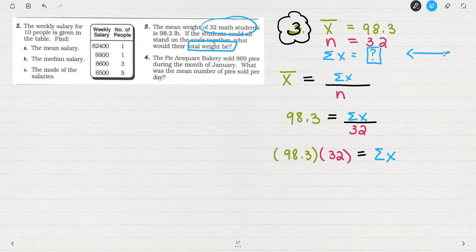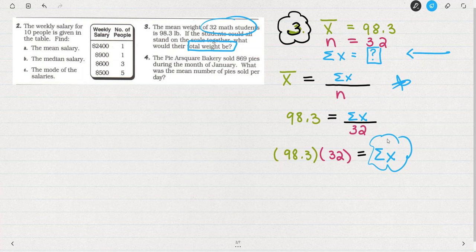If I apply this formula, x bar equals the sum of all the x's divided by the number of x's, so 32, then I could solve for the sum of all the x's.